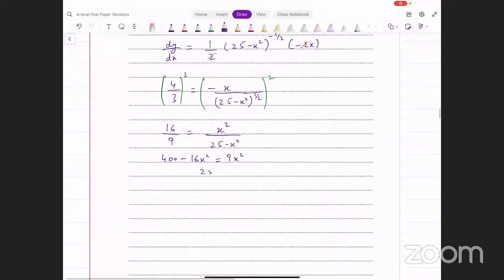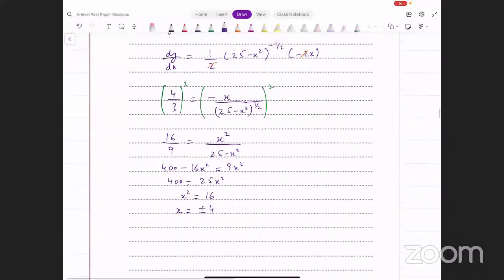And that gives me 25x squared equals 400. x squared equals 16. Now x equals plus minus 4, because whenever we take a square root we put both plus and minus. Okay, x equals plus minus 4.